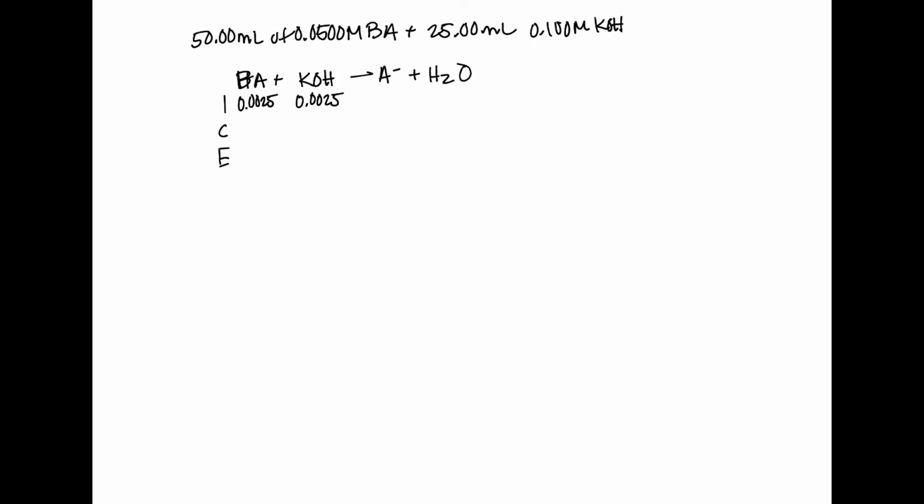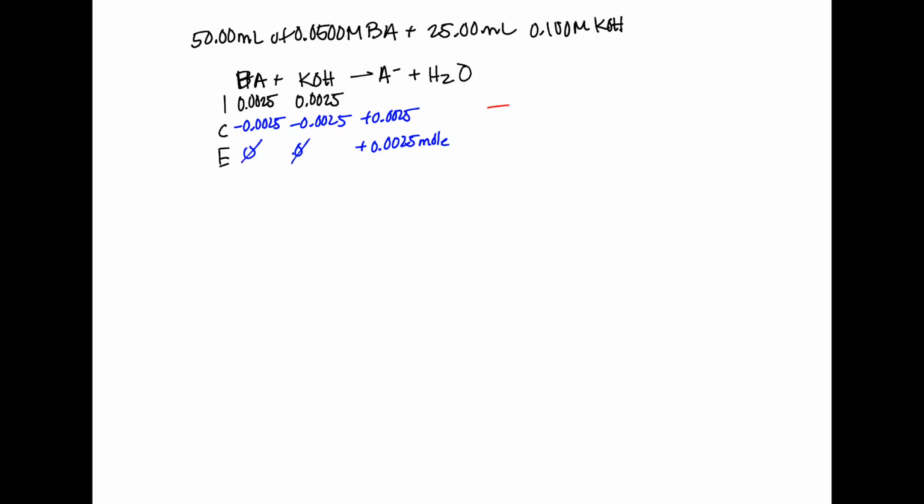Now, like I mentioned before, one of these is the limiting reagent. In this case, they are both equal to each other, and so they're going to be totally used, neutralized by the other one. So we're going to have none of this left, and we're going to have 0.0025 moles of the conjugate base made.